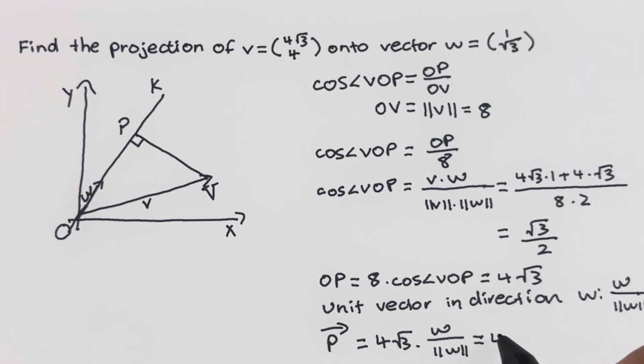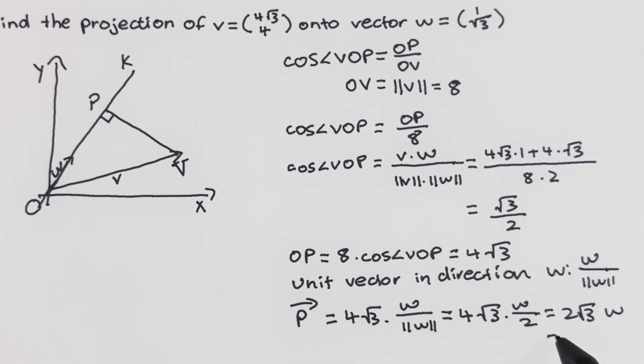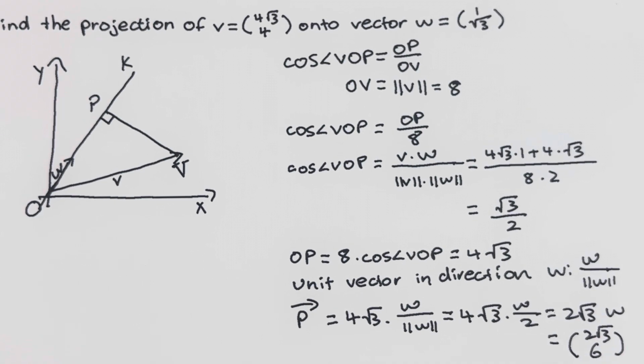This will equal 4√3 times w divided by 2, which is 2√3 w. Now we can plug in the value of w. So this will equal (2√3, 6). And that is the answer to this problem.